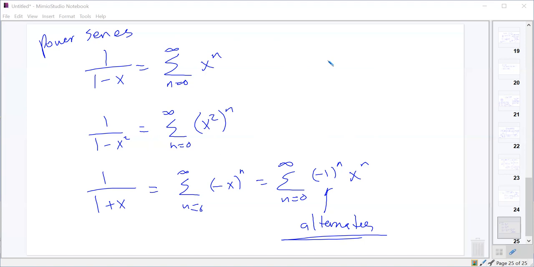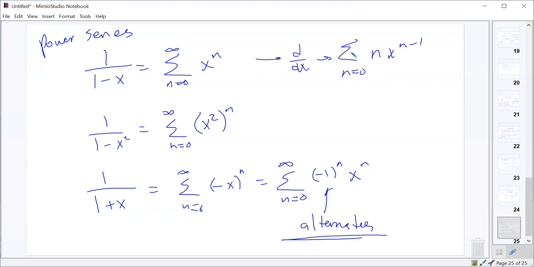Right, power series. We took the derivatives of these, and we took the integrals of these as well to form new power series. You can do that with any power series you want. So if we wanted to find a series to represent the derivative of 1 over 1 minus x, we would just take the derivative of x to the n. Taking the derivative gives us n x to the n minus 1.